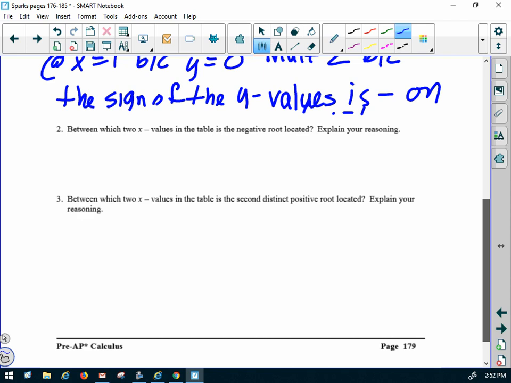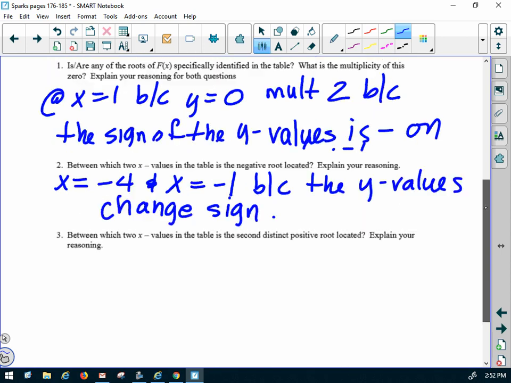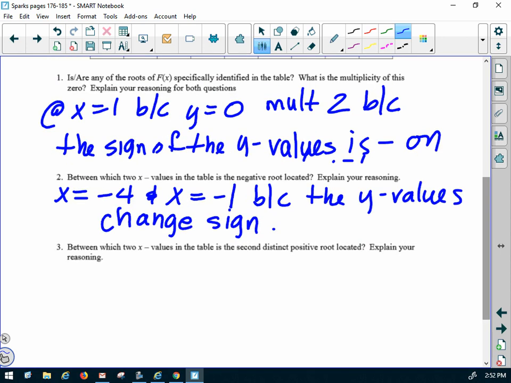So we know we have a root between x equals -4 and -1 because the y values change sign. How many roots have we accounted for so far? We've accounted for 2 here and 1 here. So we've accounted for 3 of them.